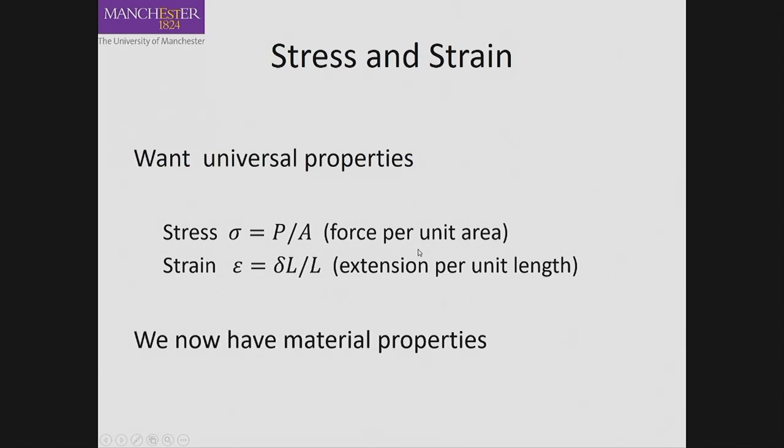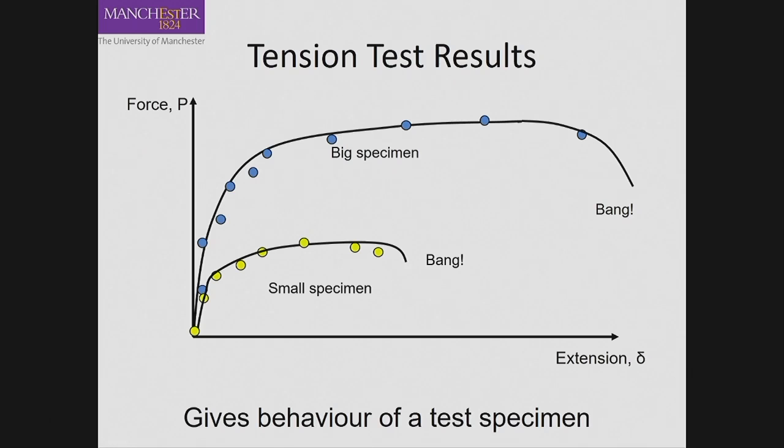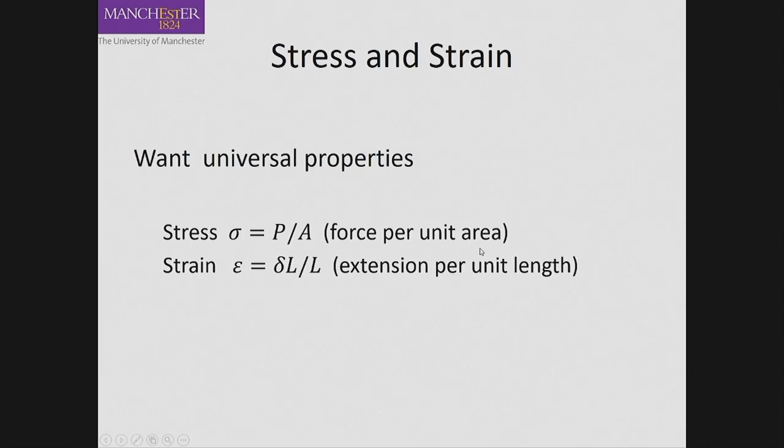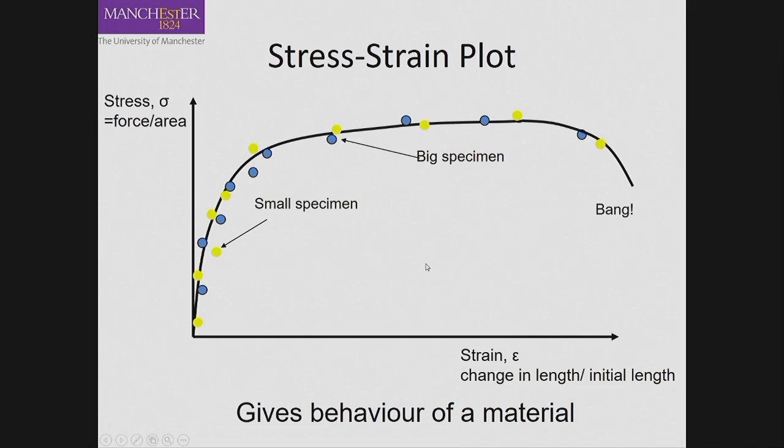And if you plot that instead of load versus displacement, both the big and small curves would come out nearly the same if it is made from the same material. So instead of plotting load displacement, if you plot stress and strain, they will tend to fit into a similar sort of curve.